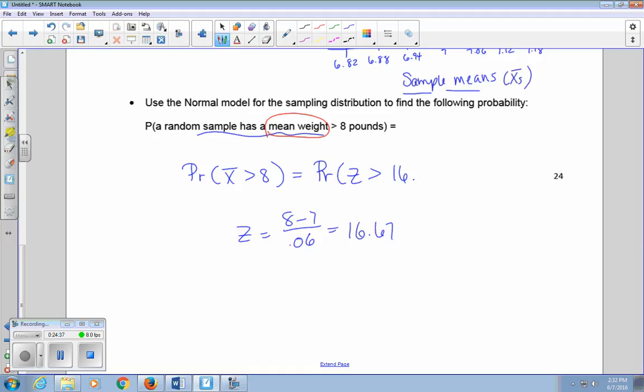So the probability that Z is greater than 16.67. If we were to look this up on the table, this would be 1 minus the probability that Z is less than 16.67, which will be basically 0.